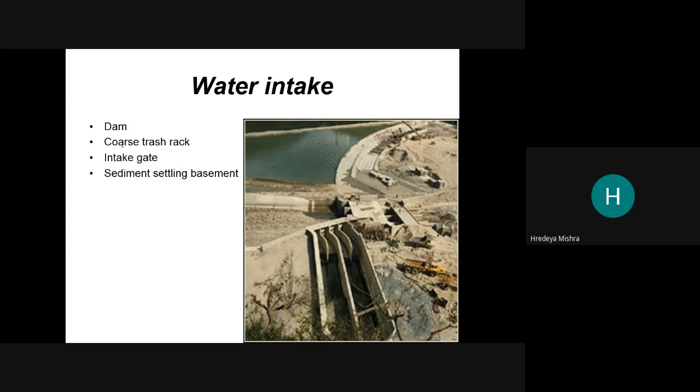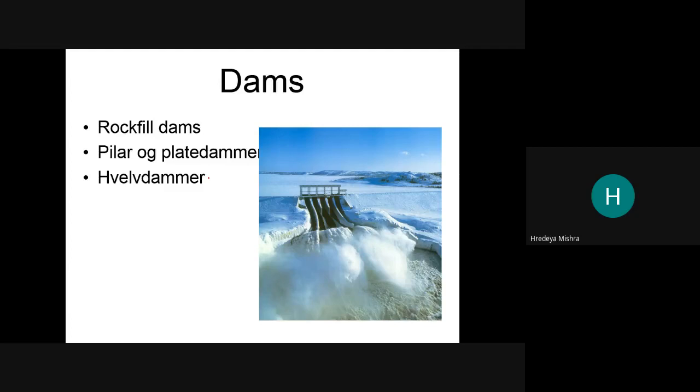See the dam, trash rack, intake gate, sediment settling basin. Now the dam, a rock fill dam.